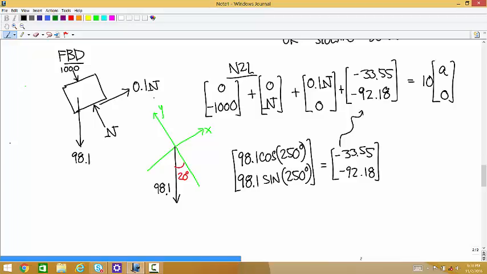Yeah, you can do the y and calculate N, and then plug that into the top one and calculate a. That's the way we're always going to do it. The way you can tell whether you can solve it or not is we have two equations, so we can only have two variables. If we have more than two variables, there's nothing we can do about it.